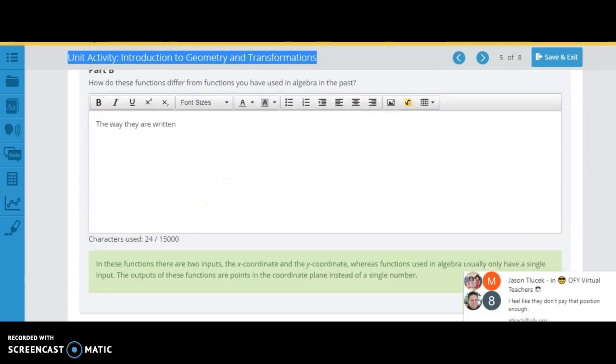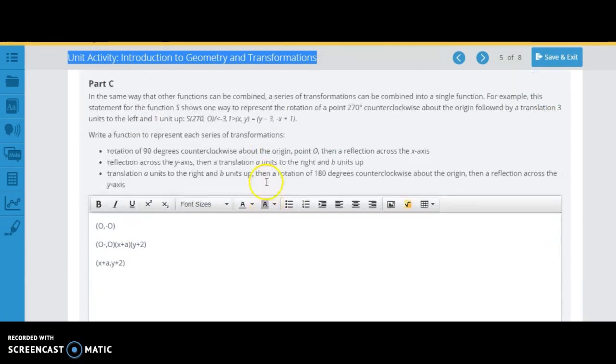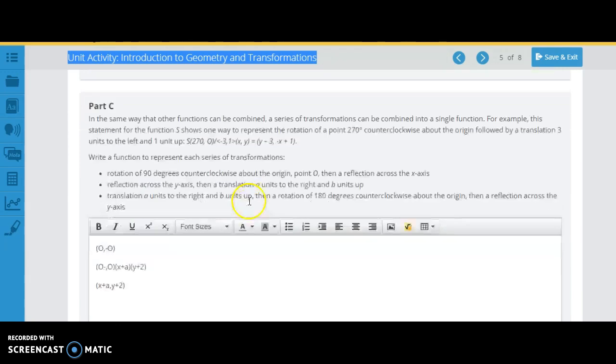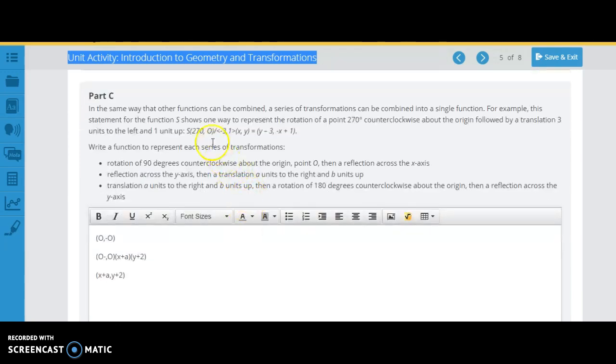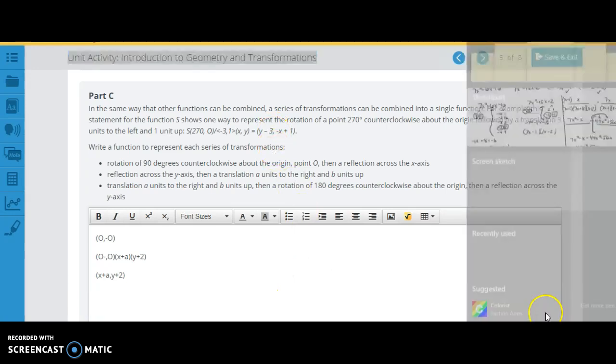So let's go ahead and look at part C. I'm going to give you an example. It already gave you an example up here, but I'm going to do it step by step because that's what I want you to do on yours as well.